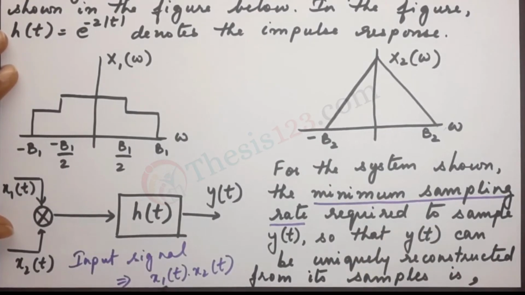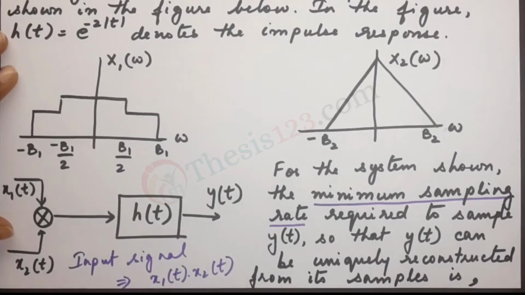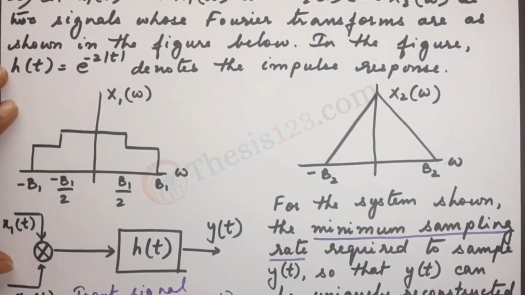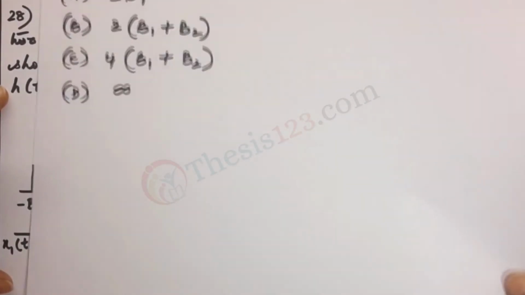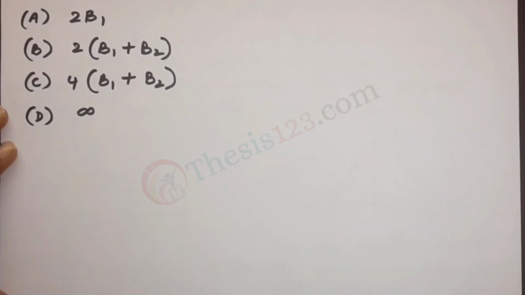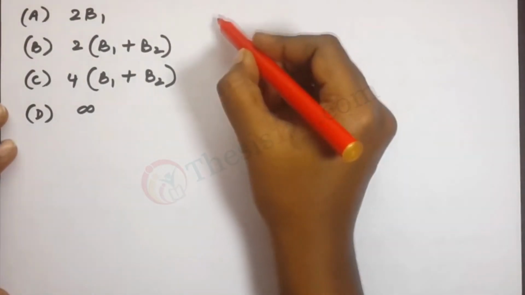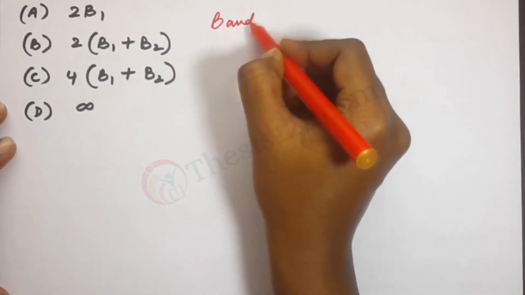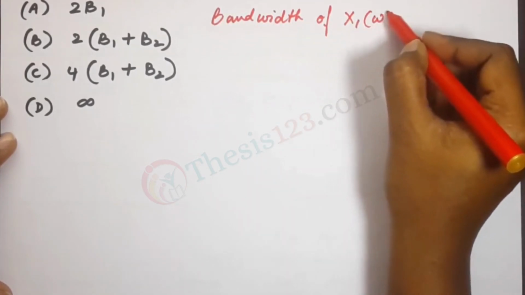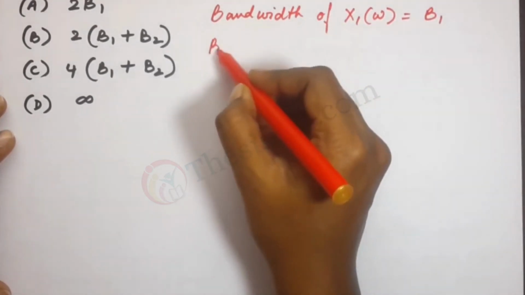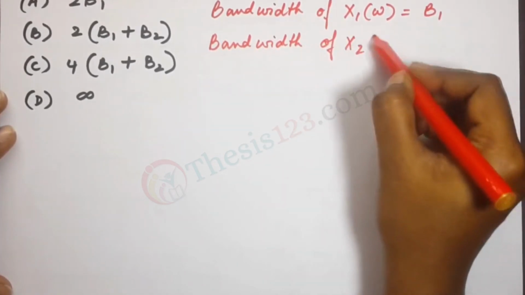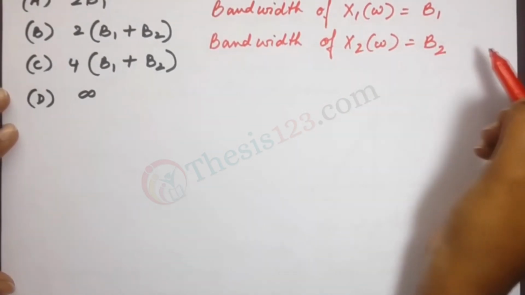Now if the input signal is x1 of t into x2 of t, then in order to get the highest frequency component, the bandwidths are added. Now that is an important point. I'll write that here. So we have the bandwidth of x1 of omega is B1 and the bandwidth of x2 of omega is B2.